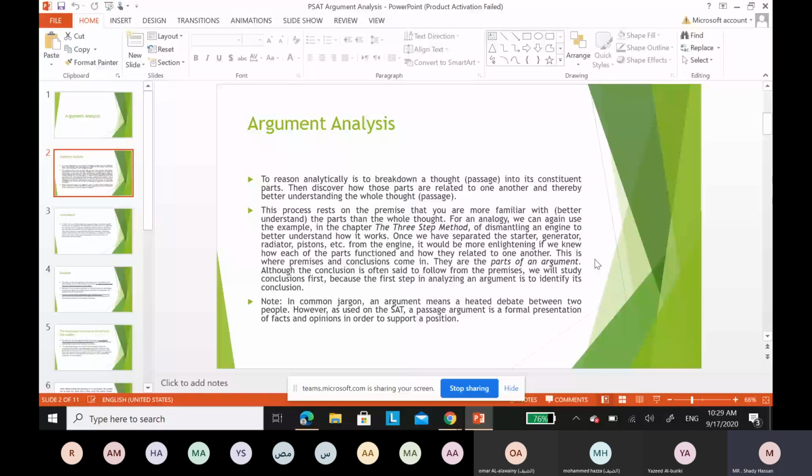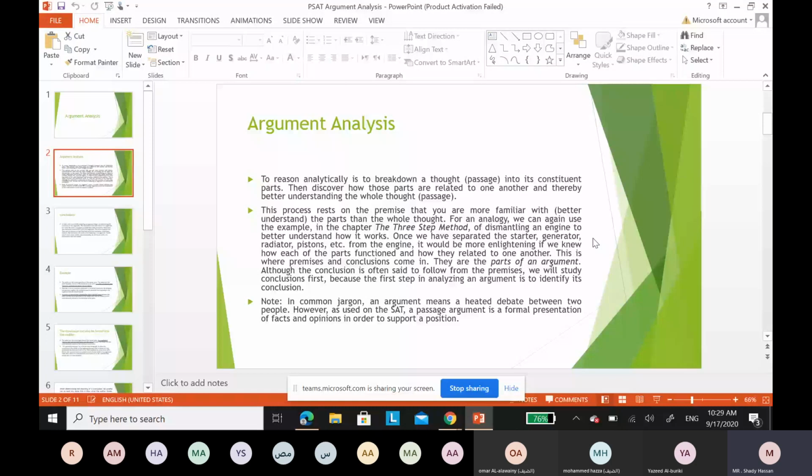That process of argument analysis rests on the premise. It actually targets the premise that you are more familiar with.